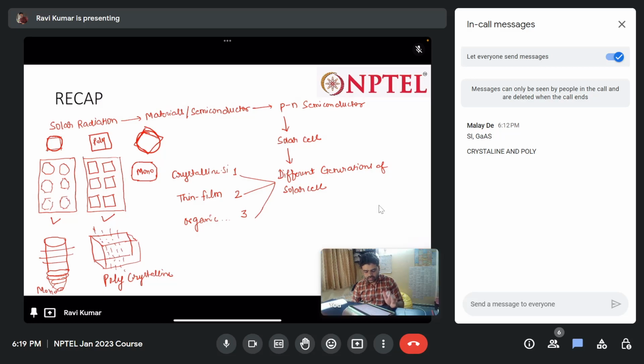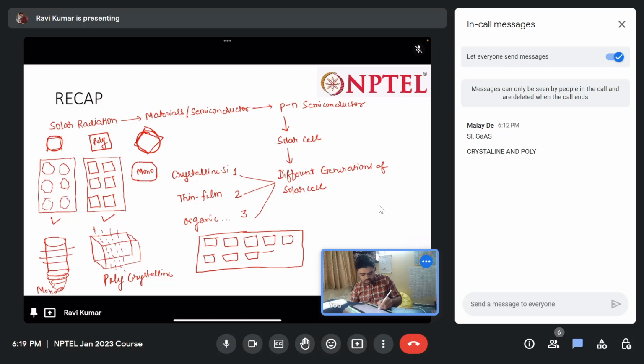Second question I have for you: if we have a module like this with cells 1, 2, 3, 4, 5, 6, 7, 8, 9, 10, and let's say the area of a cell is 100 centimeter square and the number of cells is 10, can you guess the VOC of the module and the ISC of the module?